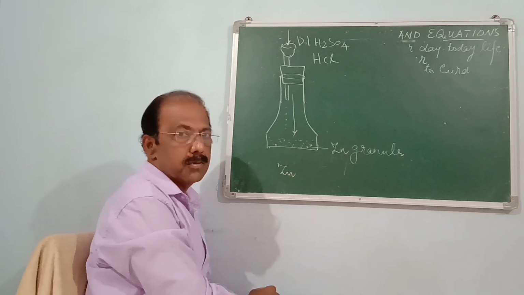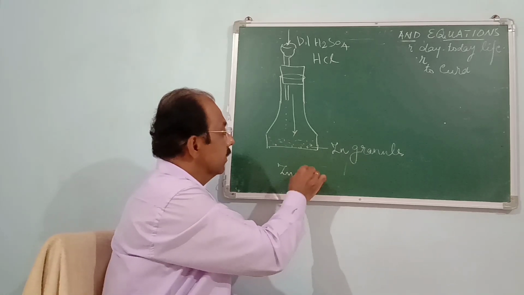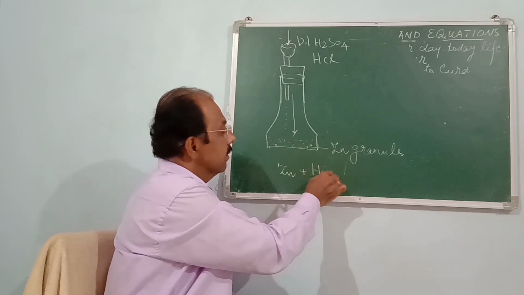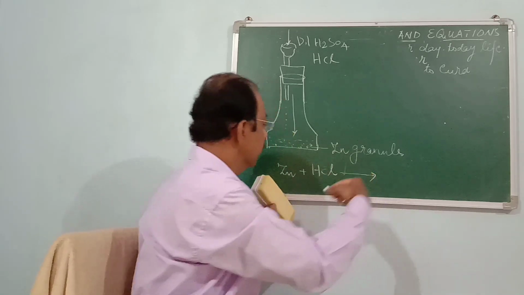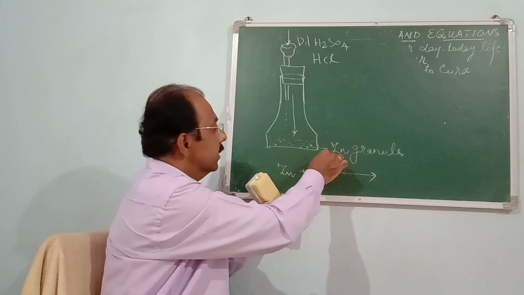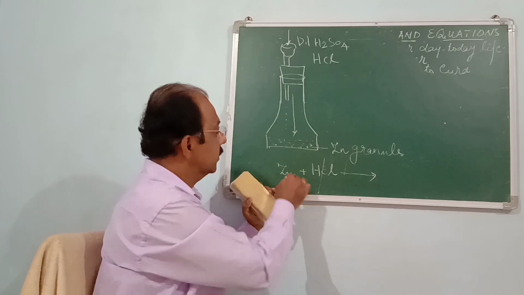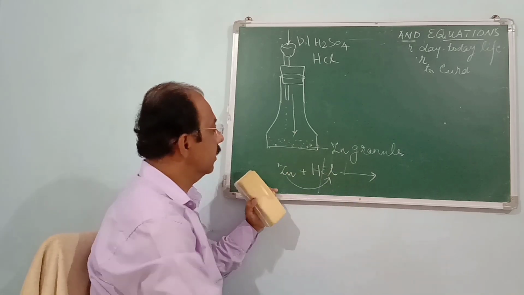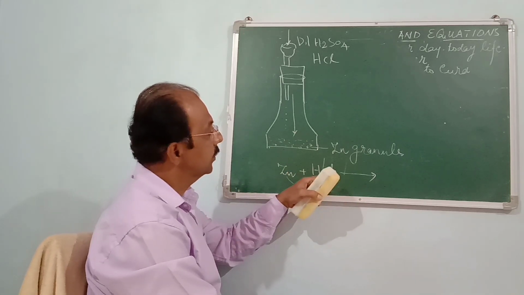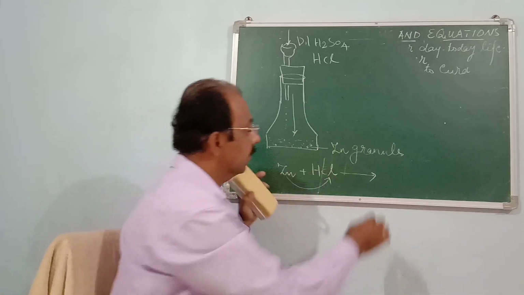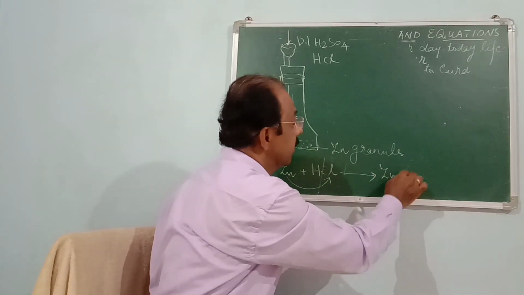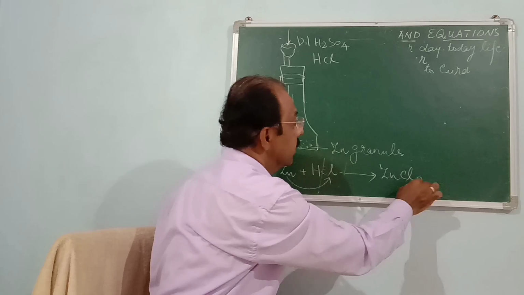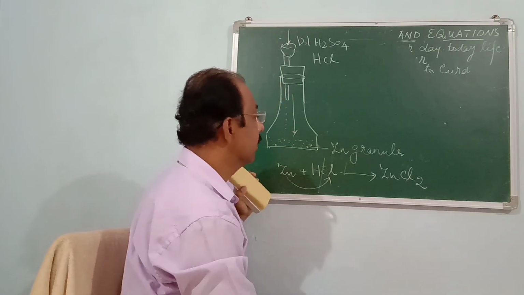Zinc is a solid metal, zinc plus HCl. Remember, HCl is dissociated and zinc is a metal. And it combines with chlorine and forms zinc chloride. Zinc chloride formula is ZnCl2.